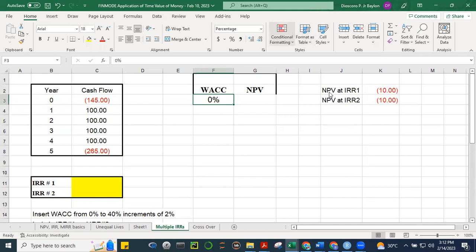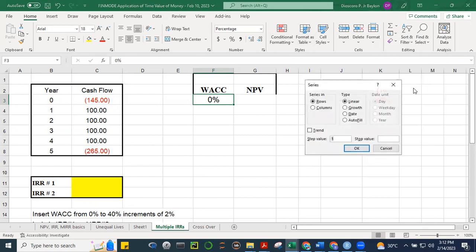This one is under Editing. So we have Home and then Editing. You have this Series, right? You have to make sure that your first active cell is in the 0%. And then we want to create a series in columns.